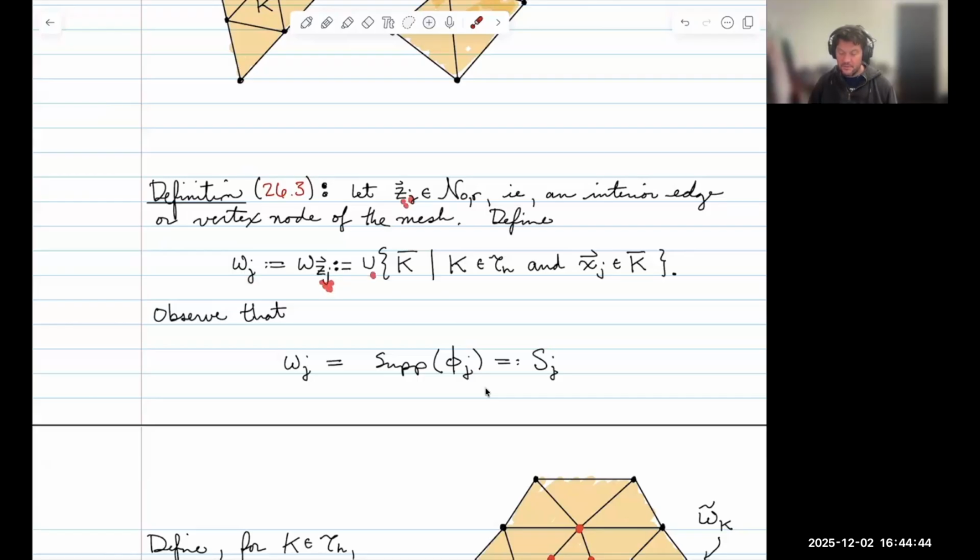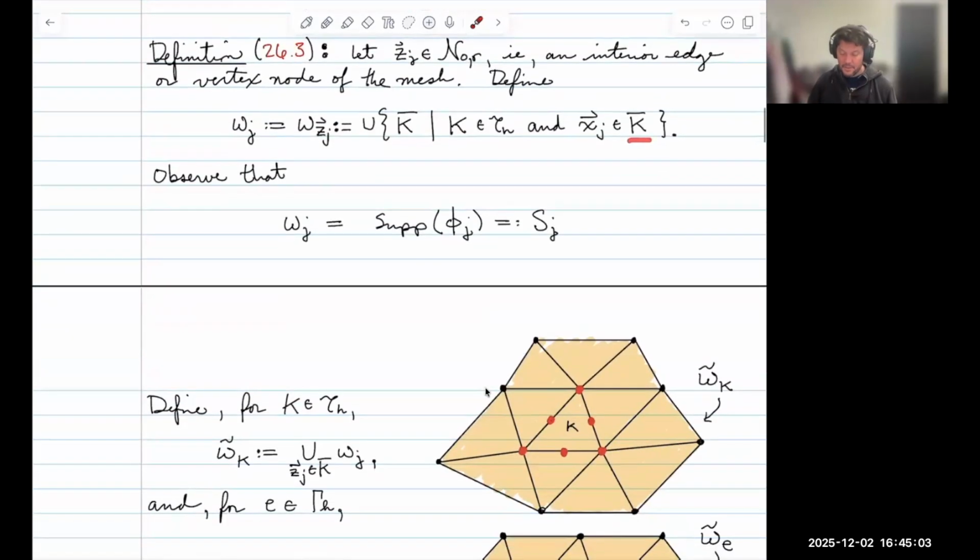It's going to be the union of the closures of triangles in our triangulation such that the node we're interested in is a subset of the closure of that triangle. This is actually another way of generating the supports of our basis elements.